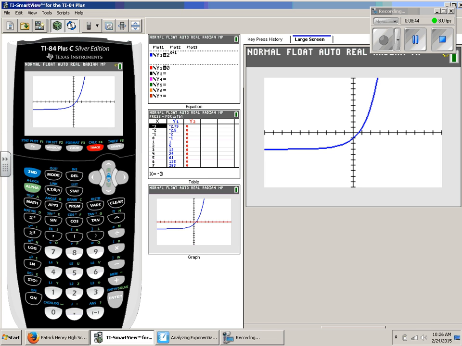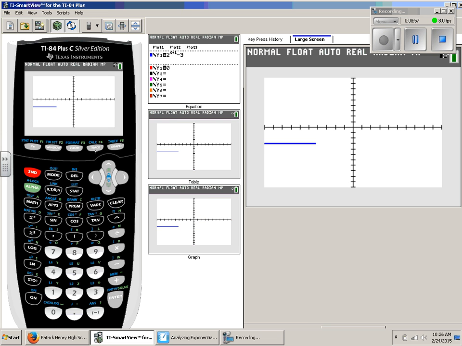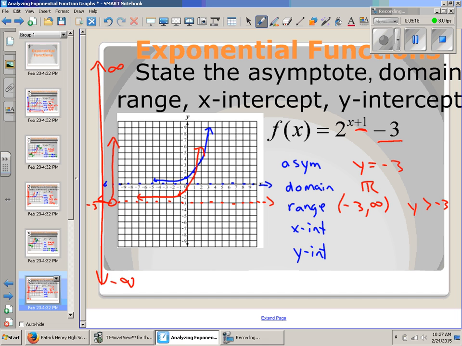So I'm going to do second trace 5. Okay, so here I have intersection 0.584. Notice the calculator is rounded again. So let's round to the nearest tenth, 1 decimal place. So we got 0.6. So the ordered pair (0.6, 0).